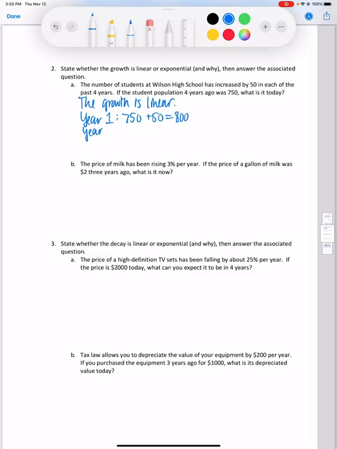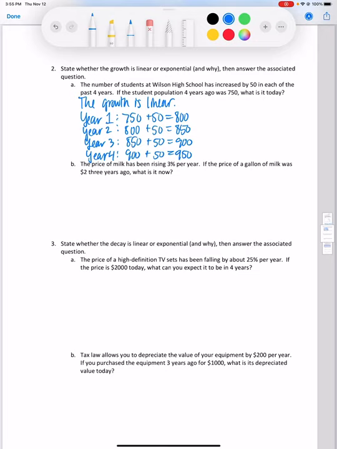At the beginning of year 2, we have 800 students at the school, plus another 50 equals 850. Year 3 is 850, and then you add 50, you get 900. And year 4, we have 900, and we're going to add 50 more to get 950.